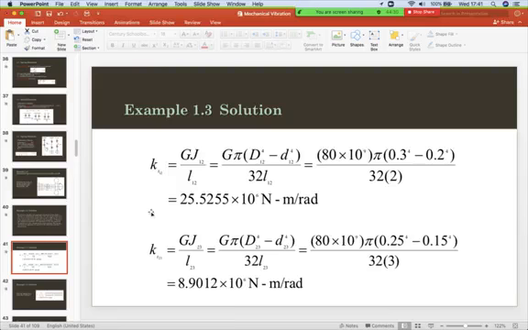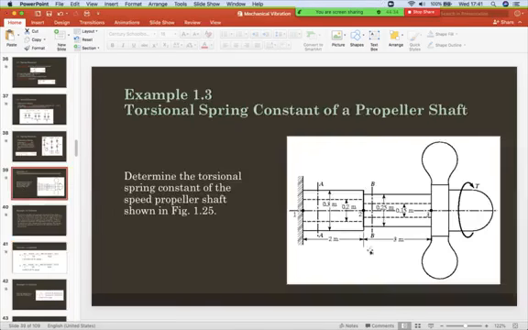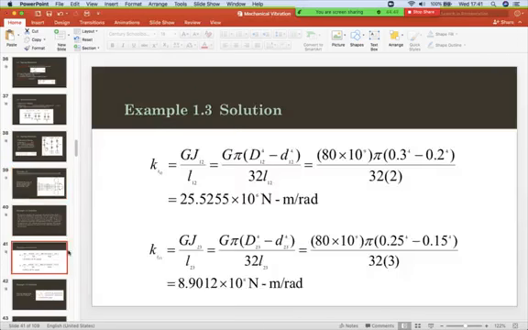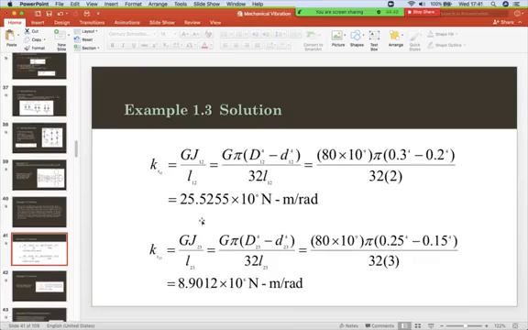So we have k at 1 to 2 and 2 to 3. Where is 1 to 2? 1 to 2 is somewhere here, 1 and 2, this one. And then 2 to 3. So we are trying to solve the deflection near the spring, the spring constant. Okay, the value is 25 and 8.9. So remember the units.